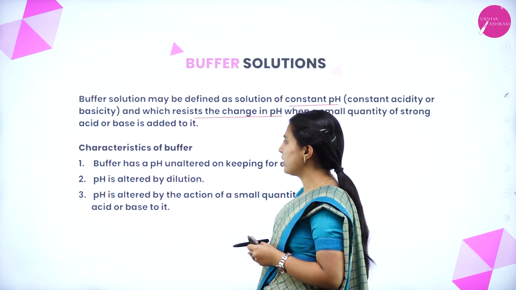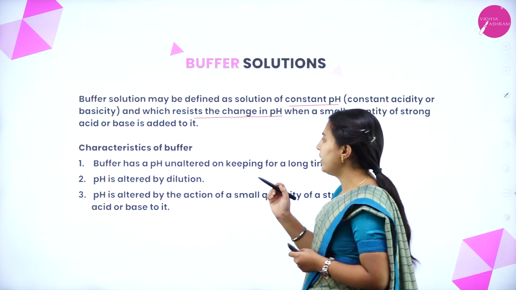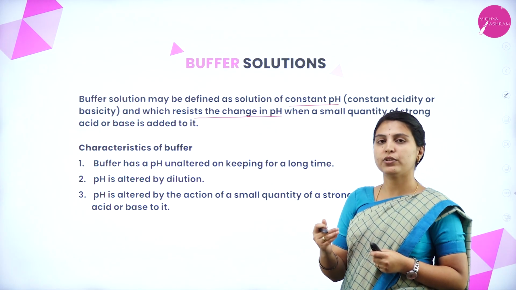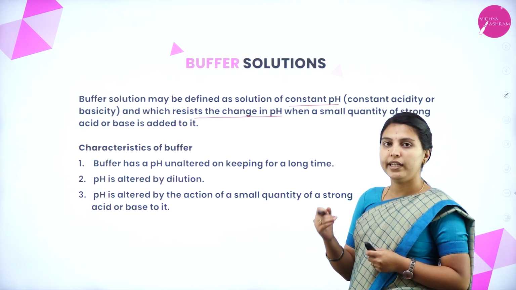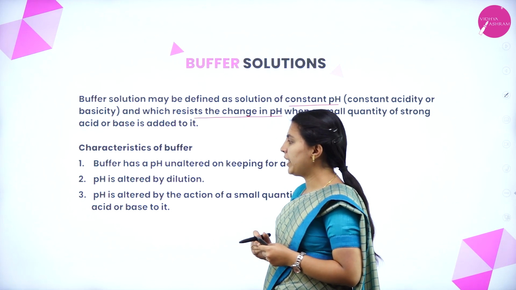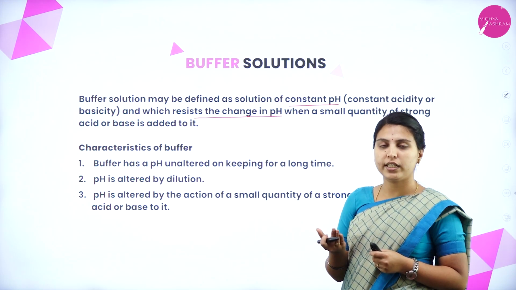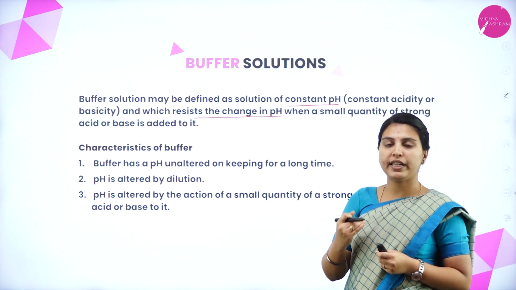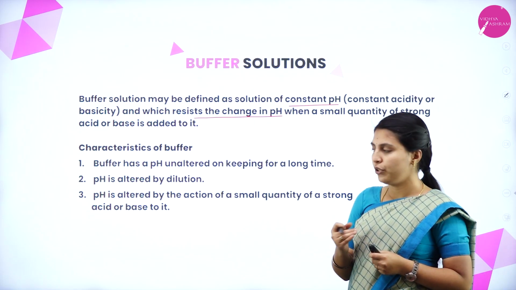And what are the characteristics of a buffer solution? Buffer has a pH unaltered on keeping for a long time. If you keep buffer solution for a long time also, its pH will not alter. pH is altered by dilution. How can it be altered? By dilution. Dilution means by adding water, the concentration of any acid or base will change. You know that.